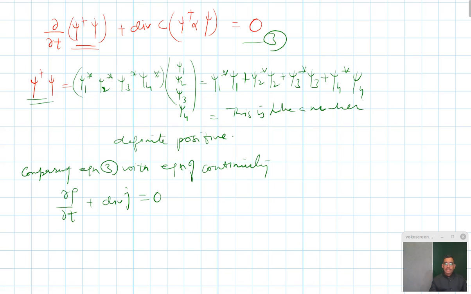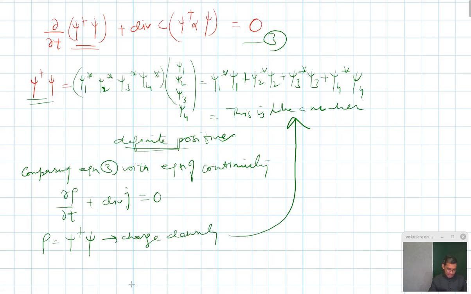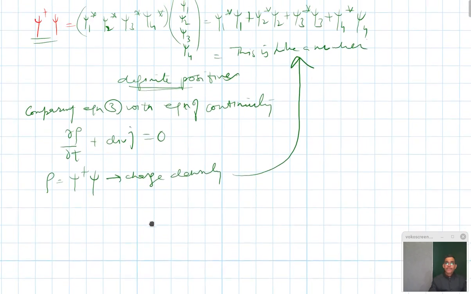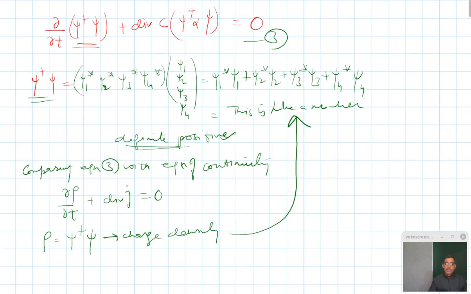So if I compare this, then I can say that this rho is equal to psi dagger psi, and this is definite positive. It's a charge density, and it can be evaluated in this manner, right? And here this j is equivalent to, j is c psi dagger alpha psi. So it is basically the current density.